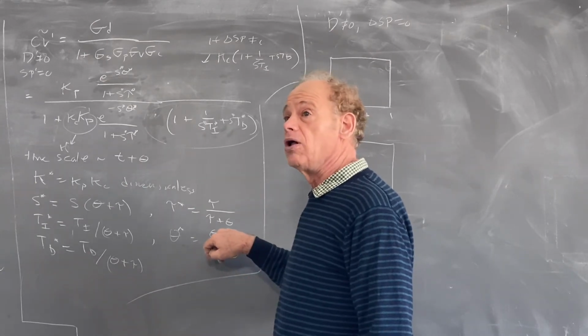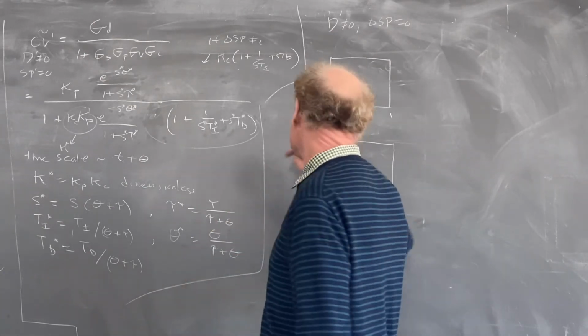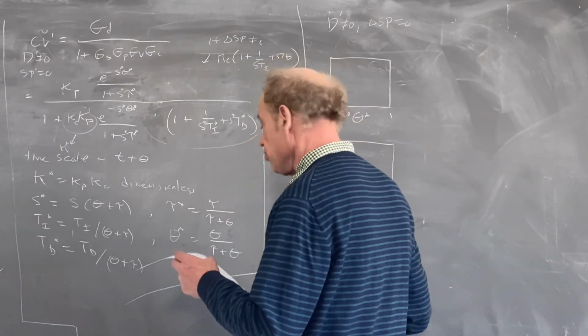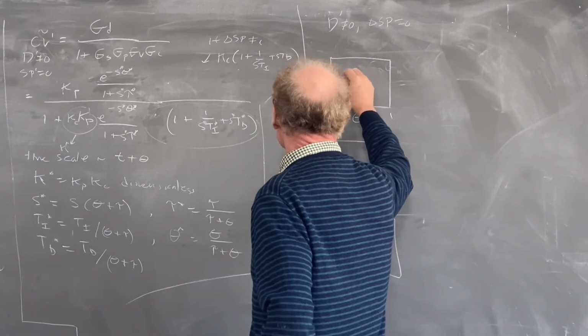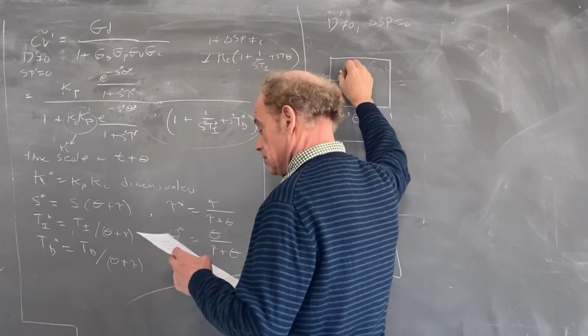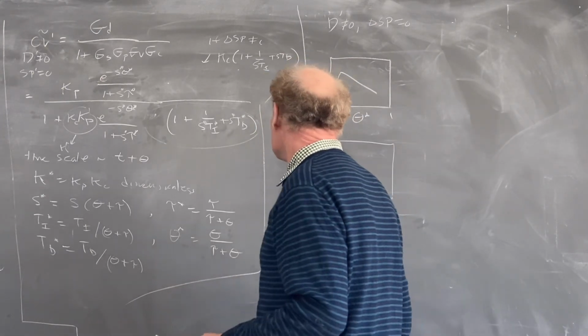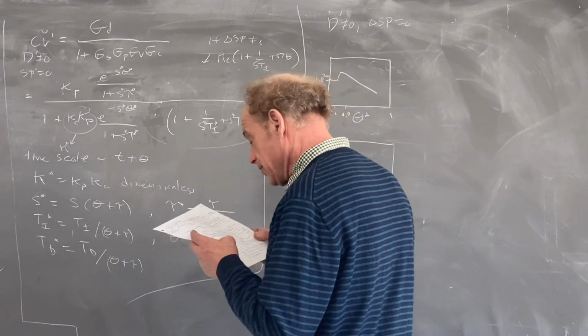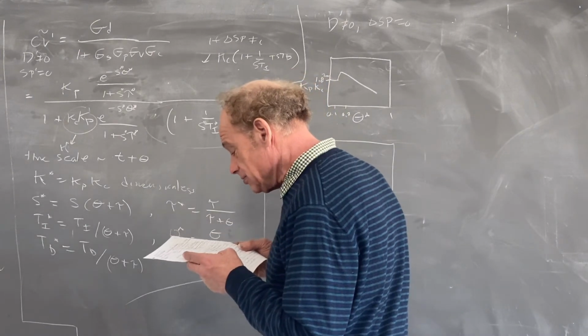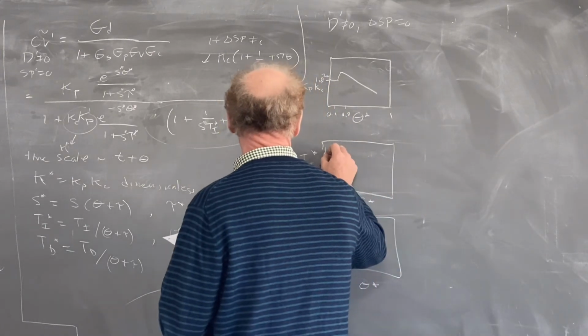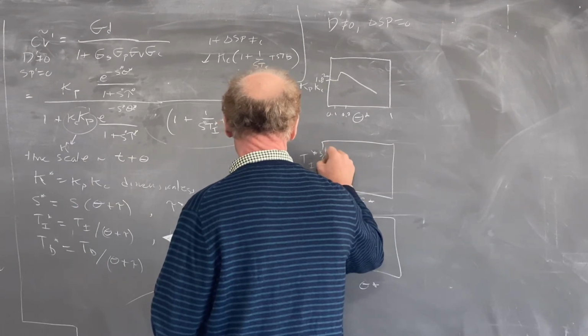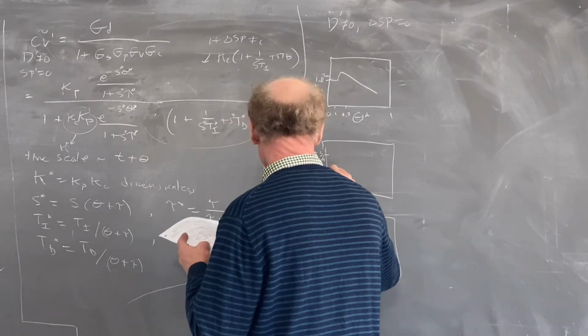And when theta is small, the minimum value is 0. So this goes from 0 to 1. And what you find is it looks something like this. And the next one, this is 3/4, and this is about 1/4.